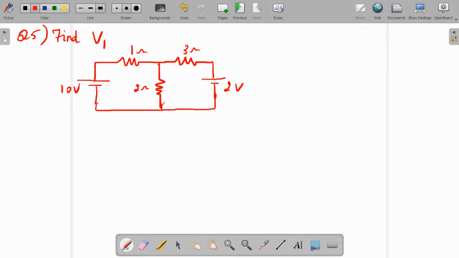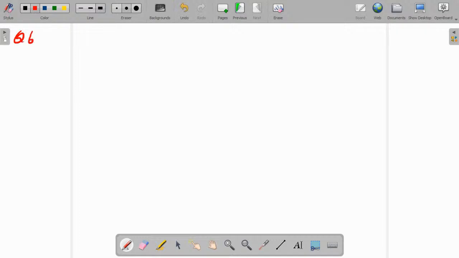So we have to find this node voltage V1. Question number 6. Find E, the potential E, if V1 is equal to 1.5 volt.